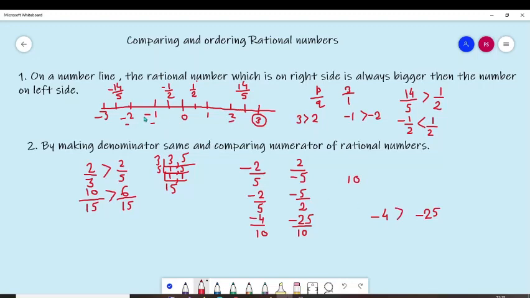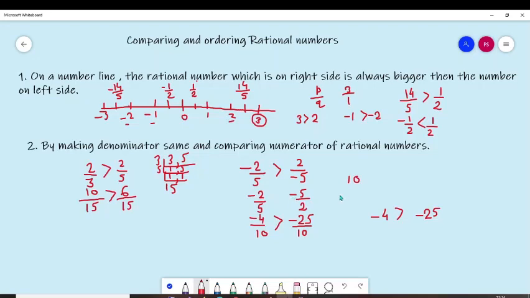Here also on the number line we saw that -1 was bigger in comparison to -2 because it is on the right-hand side. So -4 will be on the right-hand side of -25. So -4 is the bigger one, so this fraction will be the bigger one. Or we can simply say -2/5 is bigger than 2/-5.